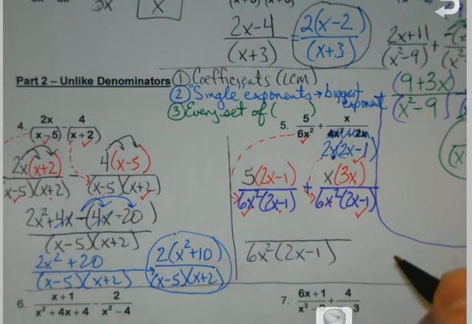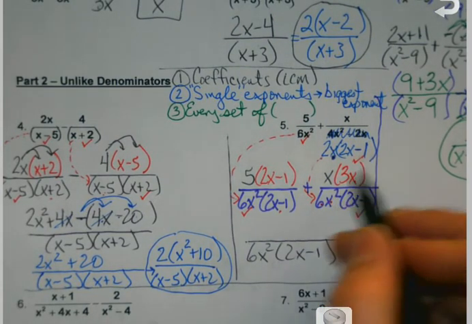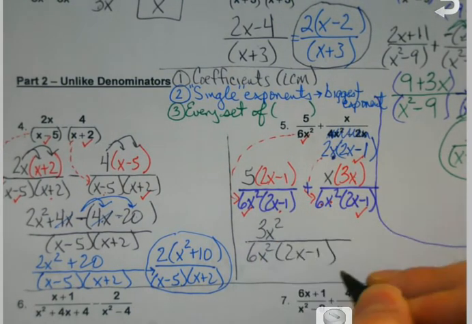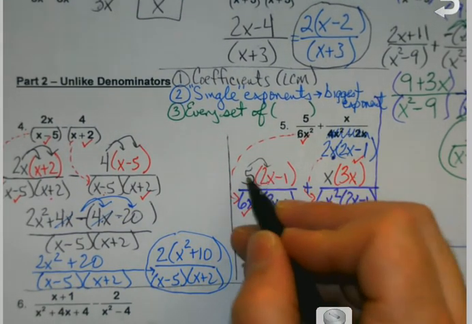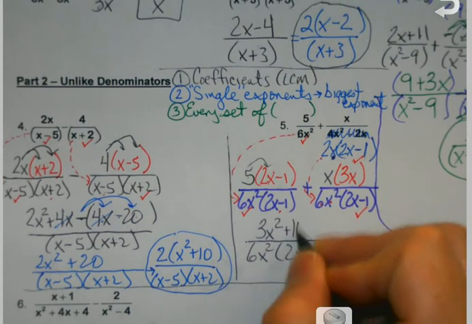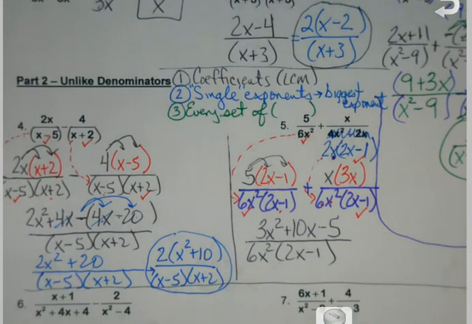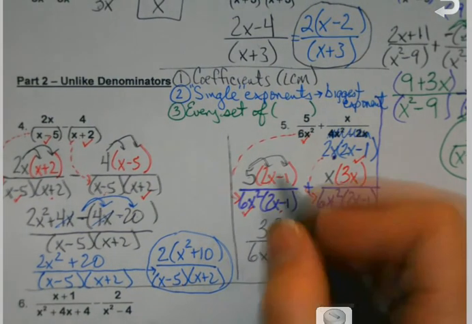Let's see if we can clean this up here. So I got x times 3x is 3x squared. And 5 times 2x is 10x. And 5 times negative 1 is negative 5. And I'm going to do something nice here.